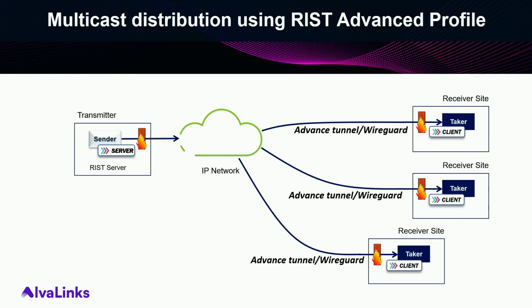And I forgot to mention the RIST Advanced Profile also supports WireGuard VPN, which is a VPN available in most of the new operating systems at the kernel level. And it gives a very good performance to those who don't want to code a full-blown advanced profile tunnel. They can use a WireGuard VPN that also supports multicast.